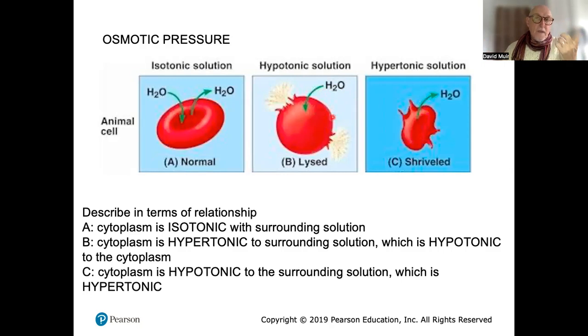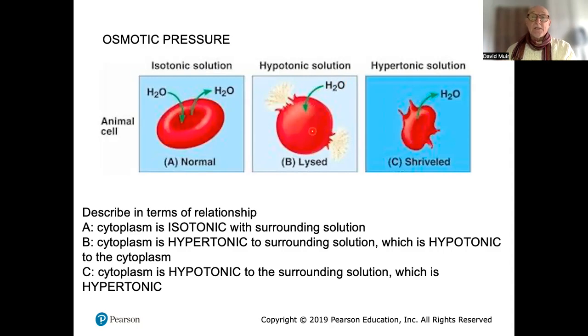Now, the cell is in great danger because the passage of water into the cell means that the cell is going to start swelling. And if that carries on much longer, this fragile cell membrane is going to burst. And this is a very dangerous situation for a cell. And it's a situation which many cells will face, especially in environmental situations.